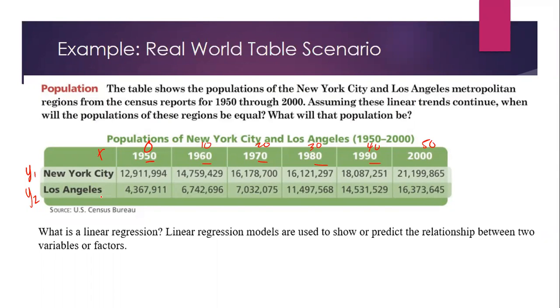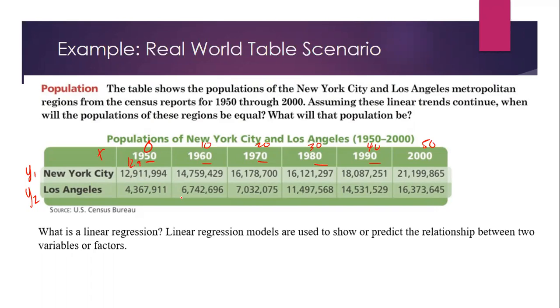Now the next question is, is there a shorter way for us to represent the millions of people? Yes, we can write it like scientific notation, but without the times 10 to the whatever. So instead of 12,911,000, this would be 12.9 million.